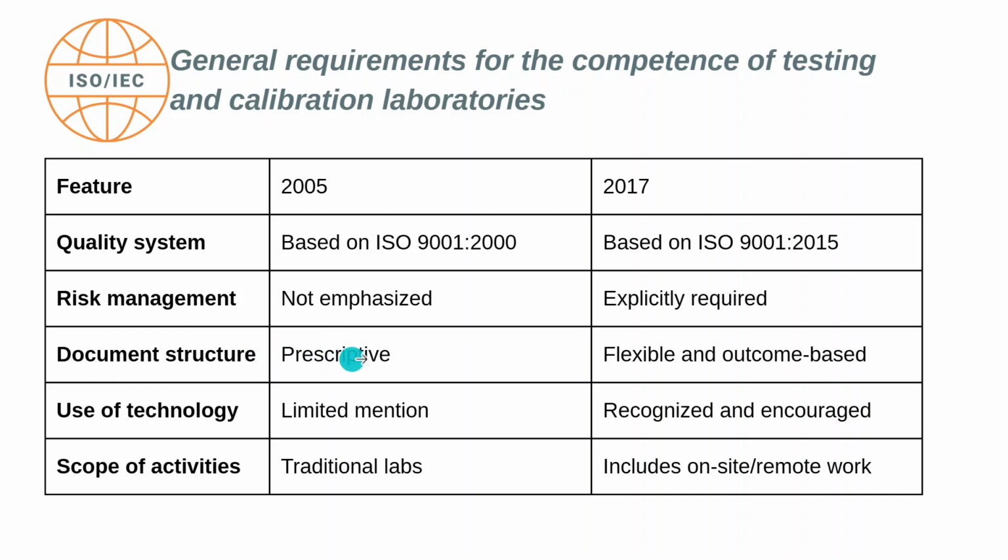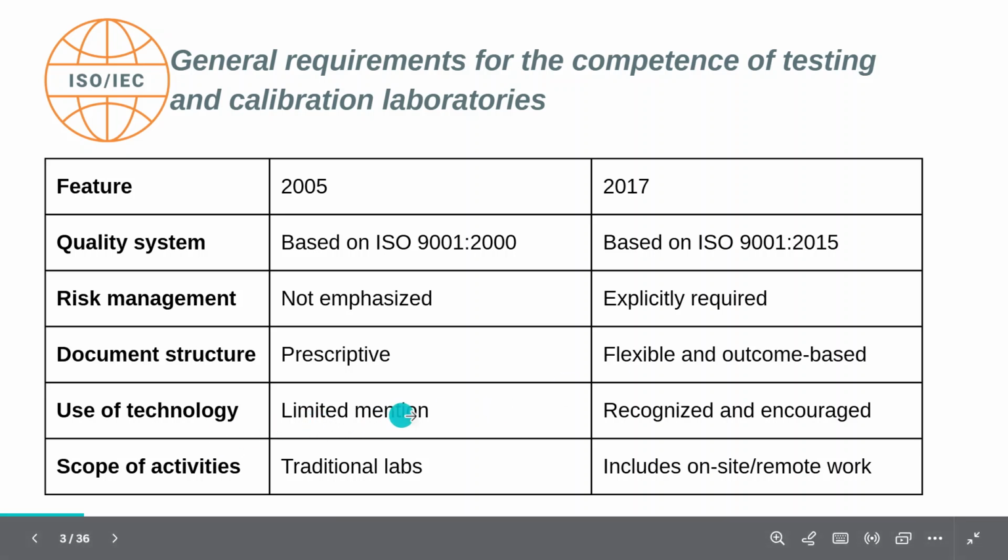Then, the document structure was prescriptive in the earlier version, where they required a certain kind of format, whereas now it is flexible and completely outcome based, which means you can have your own formats and templates, as long as they satisfy the outcome that you have already defined.